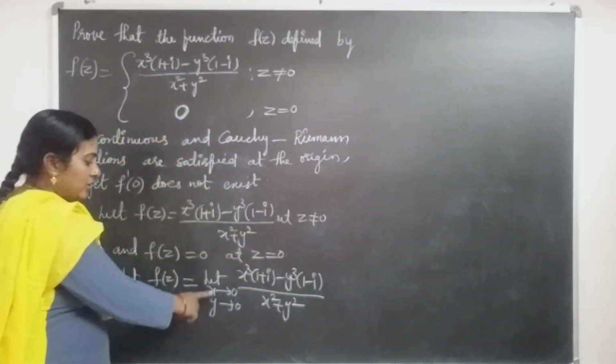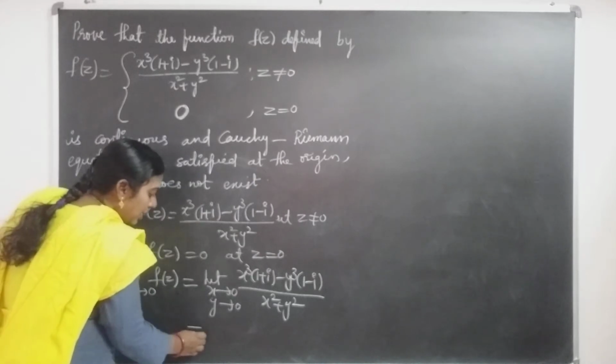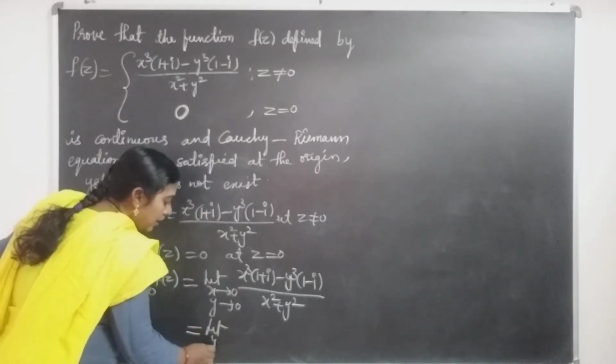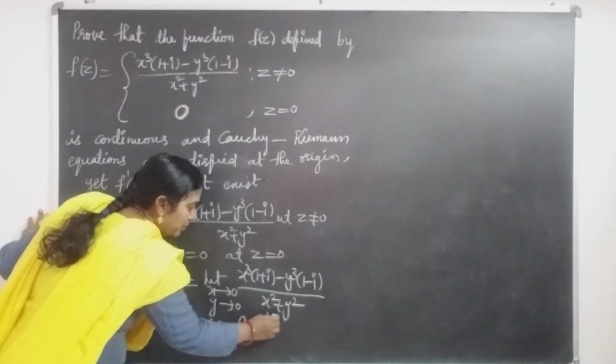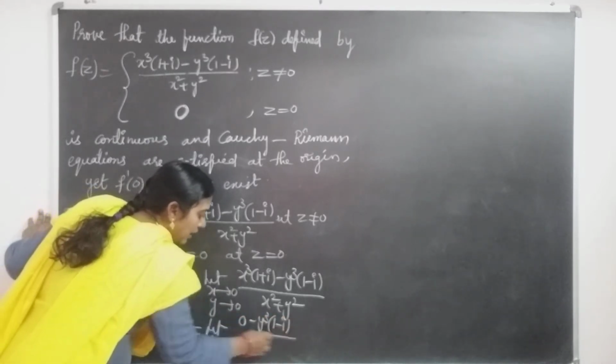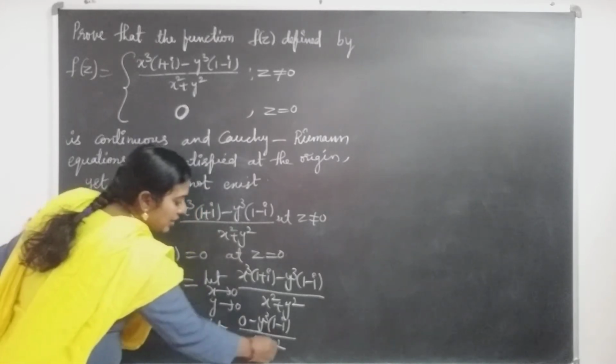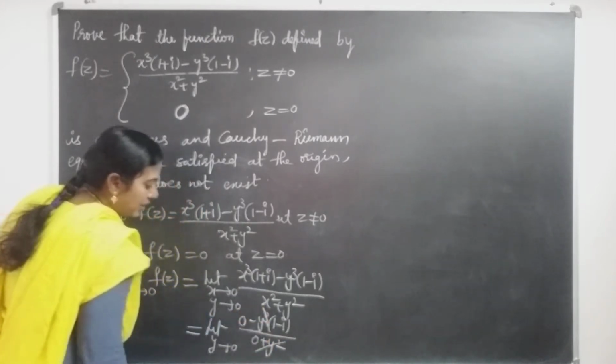Here first we take the x limit, then y tends to 0: it is 0 minus y cube into 1 minus i, by 0 plus y square, that is, y square cancels with y.